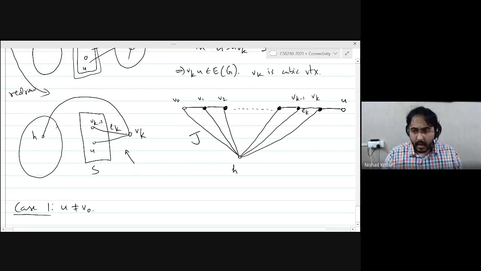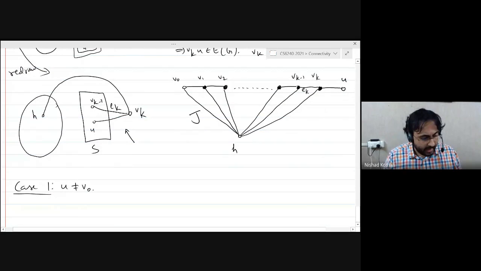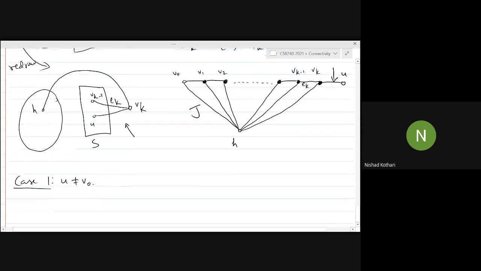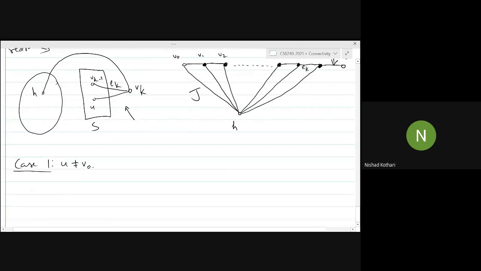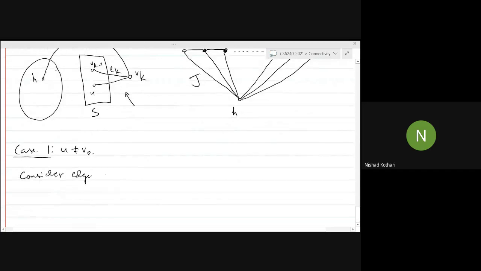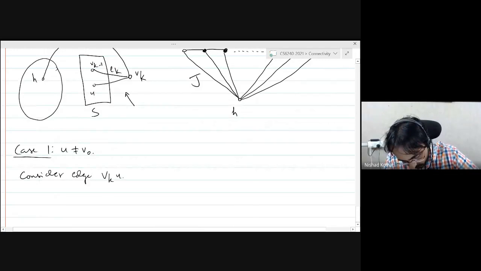Okay. Now I want to look at this last edge here. Let's consider this edge, vk to u. So again, this is something we did yesterday.